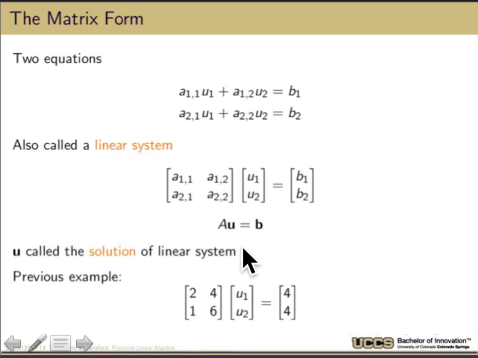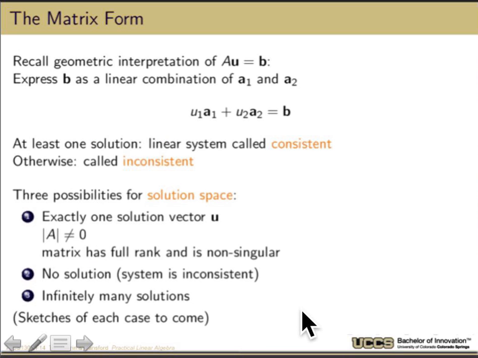The previous example we looked at can now be written in matrix form as the matrix with rows (2, 4) and (1, 6), times u1, u2, equals (4, 4), and we want to find out what u1 and u2 are. Looking at that, we can recall the geometric interpretation of this matrix another way. We can also think that this expresses b as a linear combination of two vectors, A1 and A2.